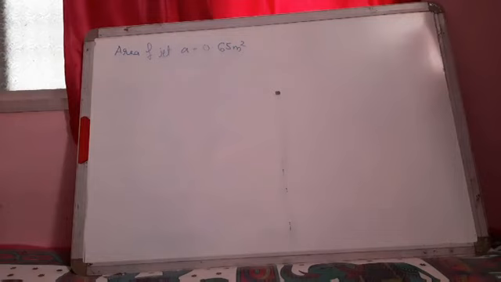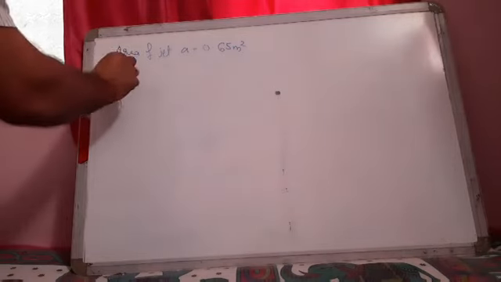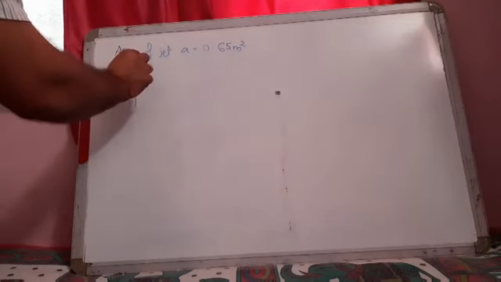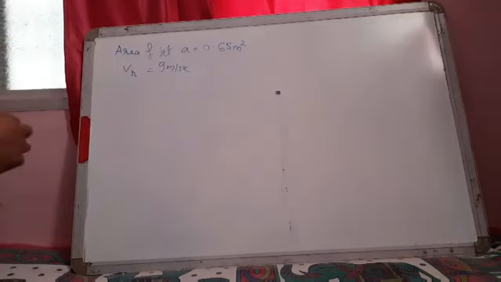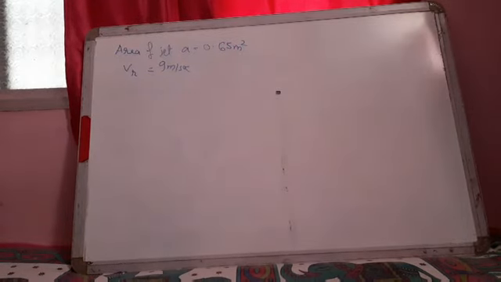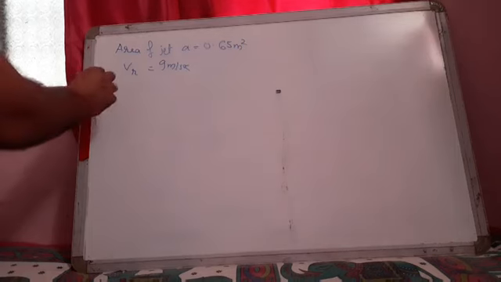Velocity through the jet relative to the ship, VR, is 9 meters per second, and the speed of the ship.